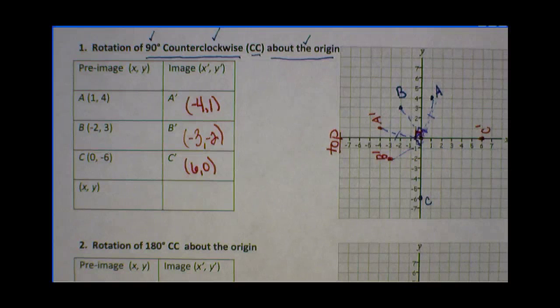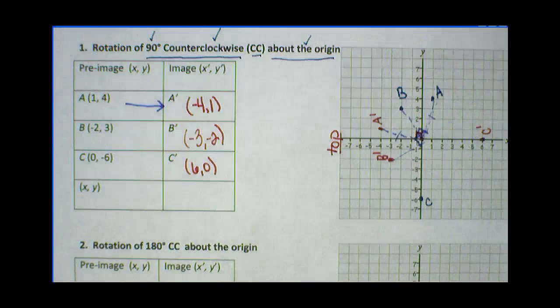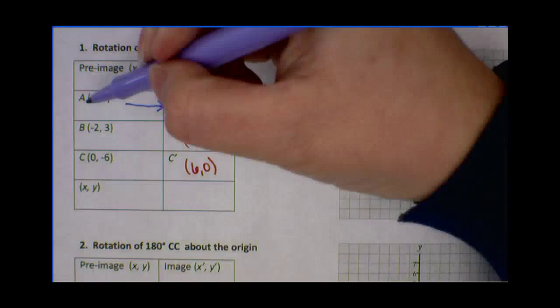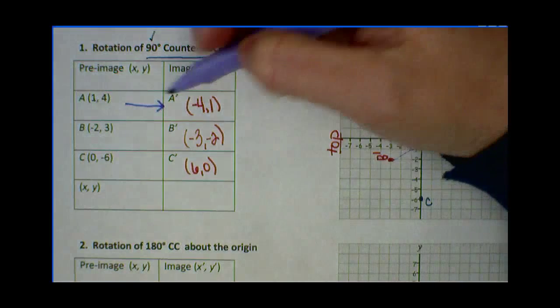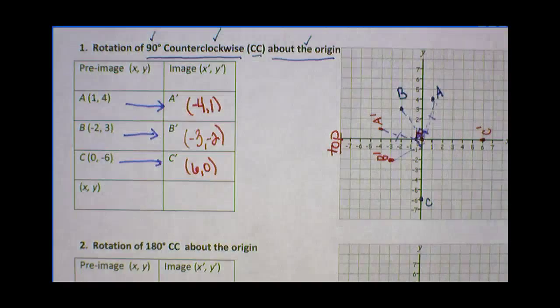All right, now, let's look at these because I want you to notice, because we noticed with reflections that there was a pattern to get from that pre-image to the image. What do you notice is happening every time with all of these ordered pairs?